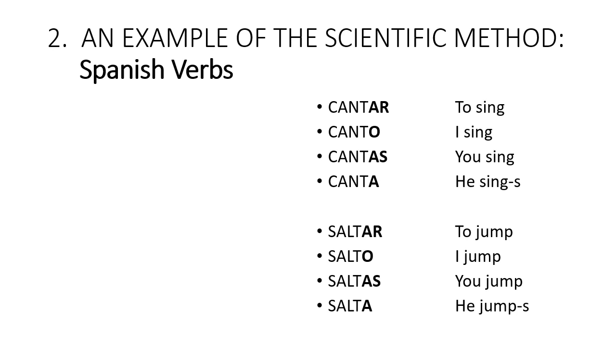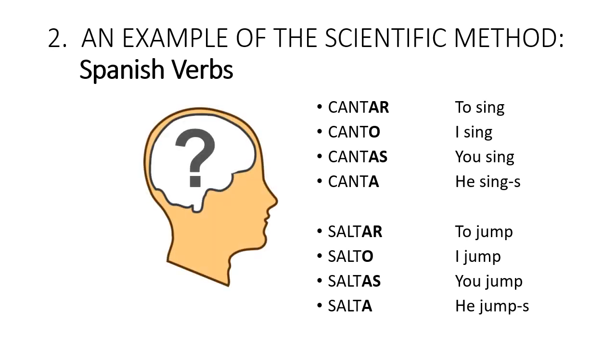Now stop the recording here and see if you can find the system. What is the system that allows us to generate all these forms? Stop the recording, and when you have a hypothesis, come back to the recording. So what we're trying to do here is basically find the system that is going to allow us to generate all these forms.